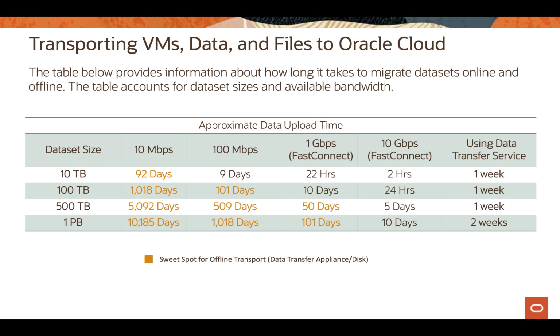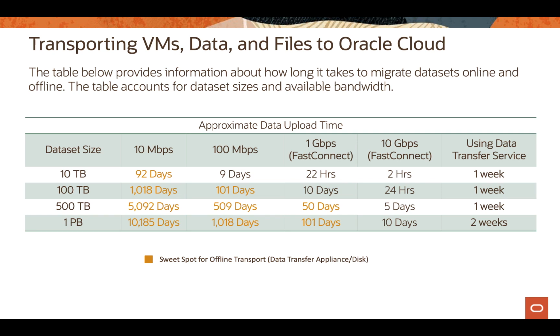So if you're still thinking about why you should use the offline transport, right? What's the advantage of it? This is just one quick table to show you if you want to send data and let's say you have a link of 10 megabits per second or 100 or 1 gigabit per second. This is the amount of time it's going to take, depending on the data size, right? So that's one example.